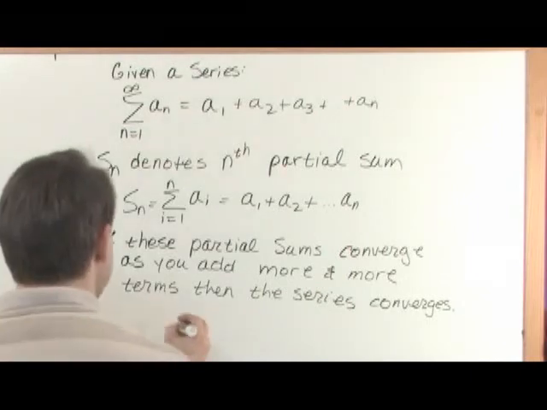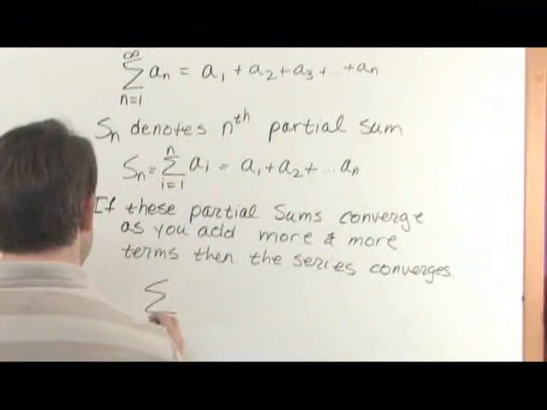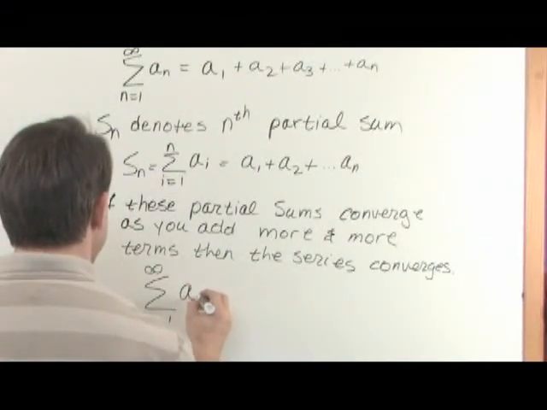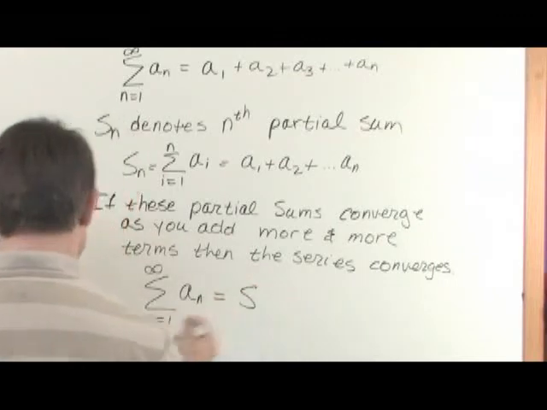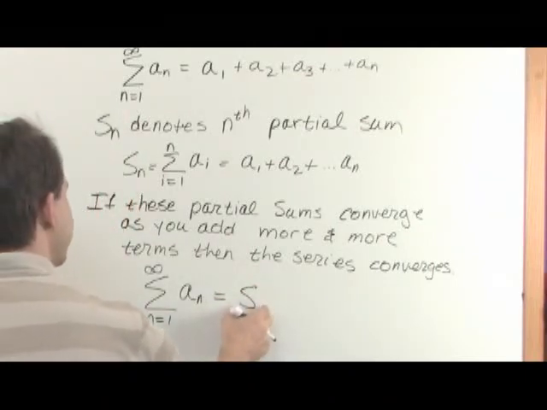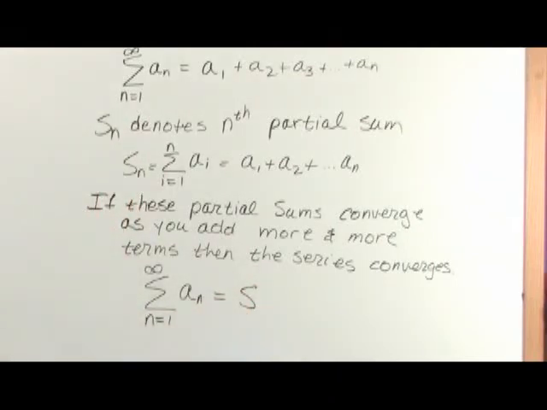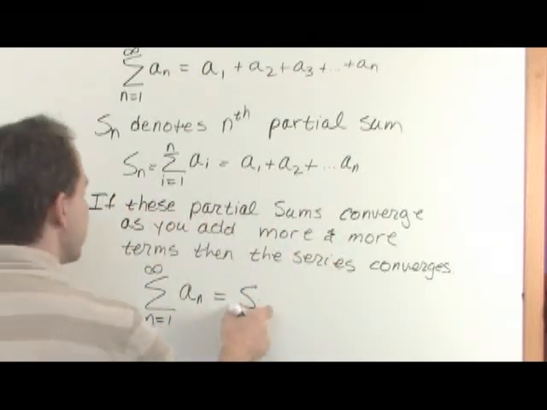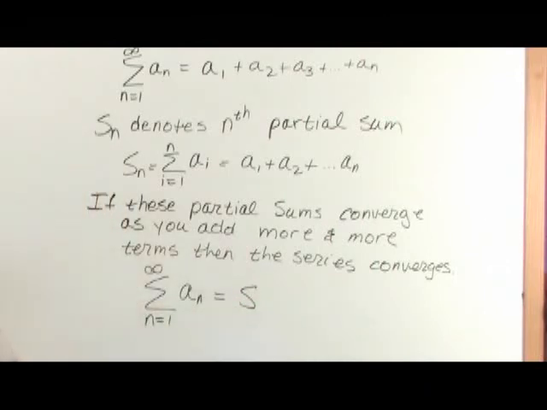So what we're saying mathematically is the sum from n equals 1 to infinity of a sub n is equal to S, okay? S is the sum. So what we're saying here is that the series, the entire series of all the elements, converges to the sum S. S sub n is the partial sum. It's only the sum up to a certain point in the sequence.